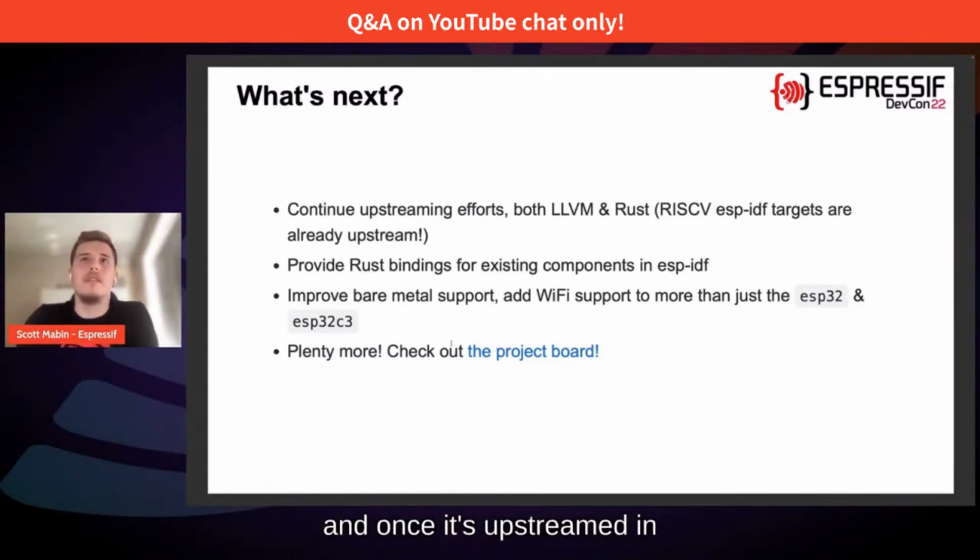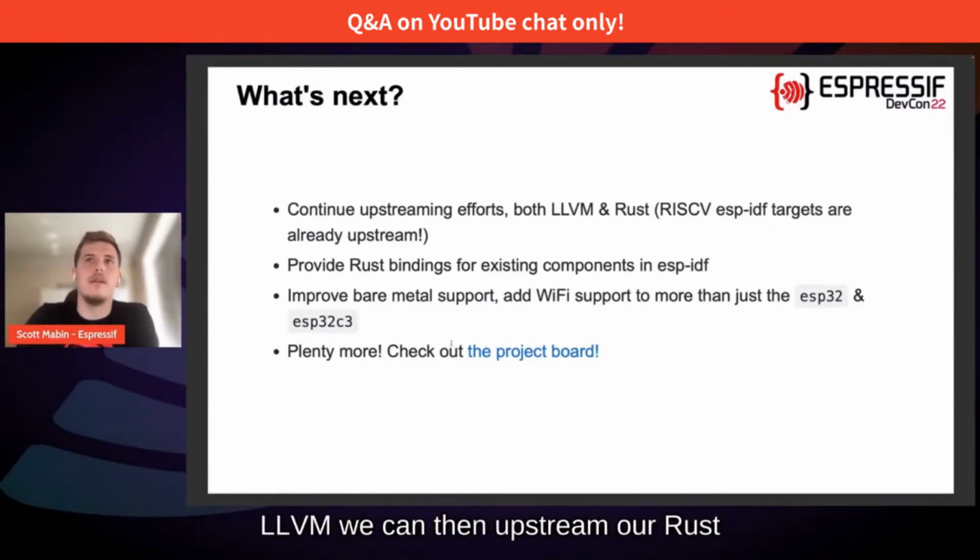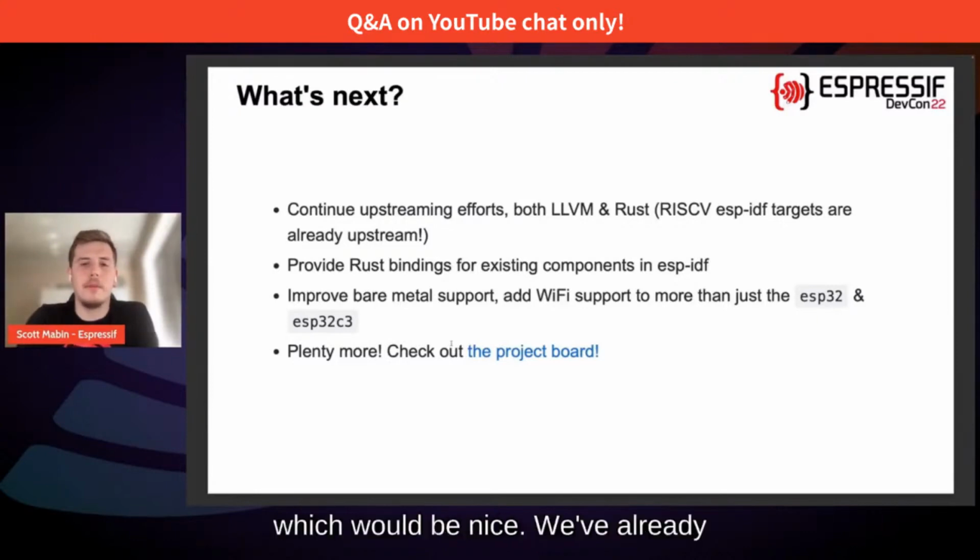And once it's upstreamed in LLVM, we can then upstream our Rust patches, which will be nice. We've already actually upstreamed our RISC-V based patches because RISC-V is already supported in upstream Rust. So it's just the Xtensa stuff to do.